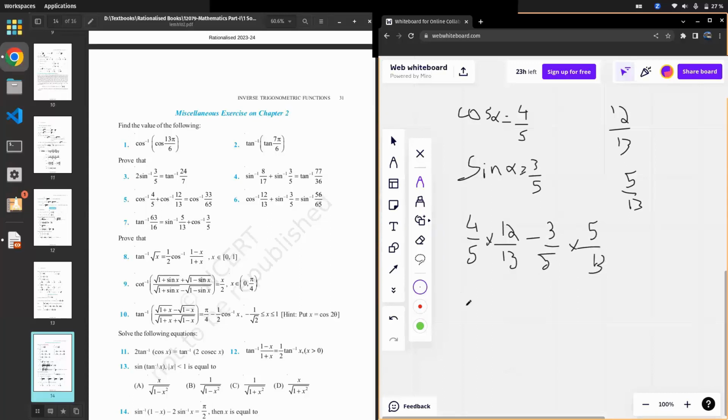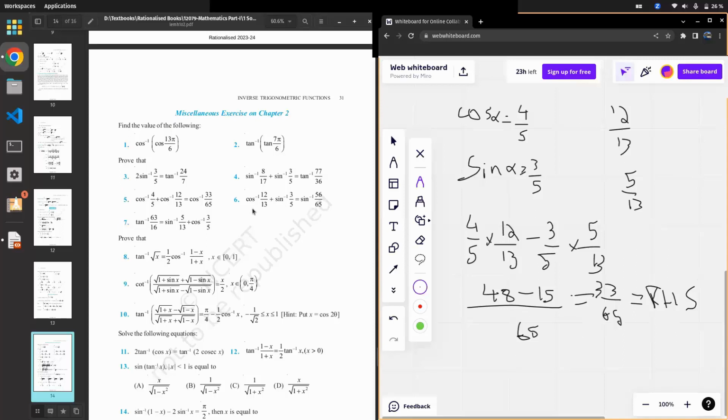So this will be 65 in the denominator: 48 minus 15, which is equal to 33 by 65. So this is equal to the right hand side, which is cos of cos inverse of 33 by 65, which is 33 by 65. So we can prove that the RHS value is equal to the LHS value. Hence we can say that both the terms are equal.